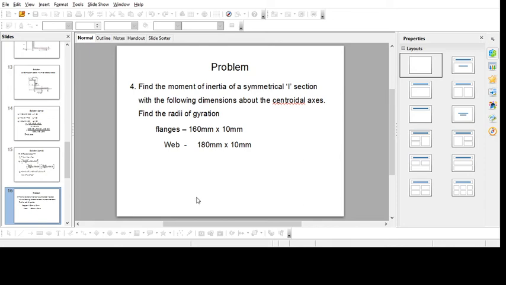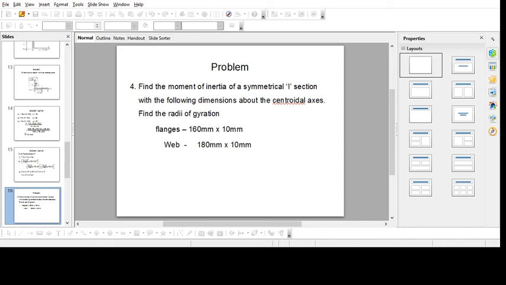Now coming to its area, A1 is equal to 160 into 10, nothing but L into B, that is 1600 mm square. Now x1, y1 is the centroid of the given figure. x1 is equal to 160 by 2, and y1 is equal to 10 by 2. So x1 comma y1 are equal to 80 comma 5.